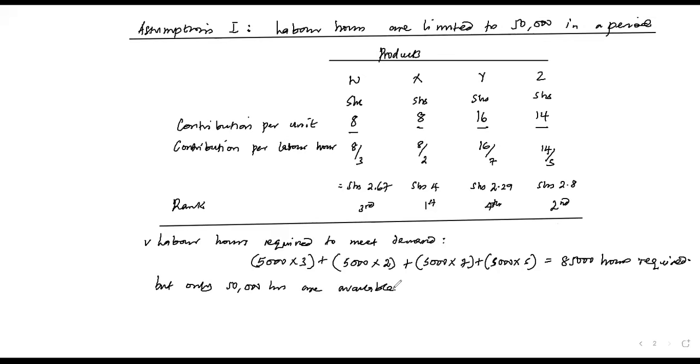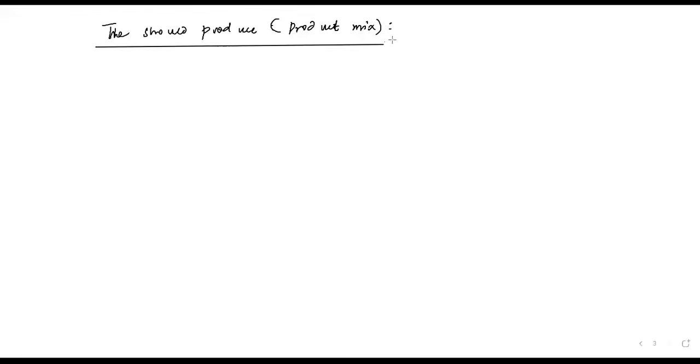So we first produce X, then Z, then W, and finally Y. So I can say that the company should produce, in brackets, this is your product mix, following the attractiveness related to the labor hours, where we have the maximum contribution.